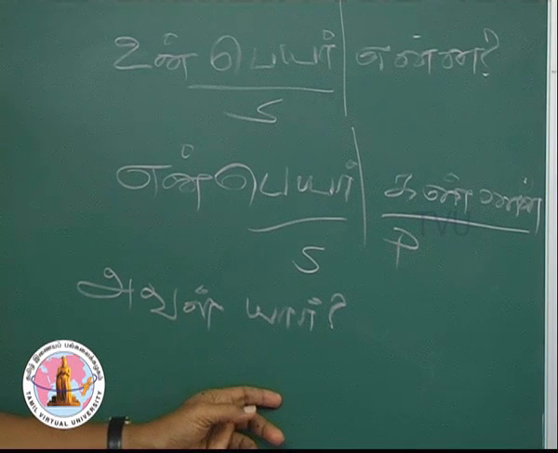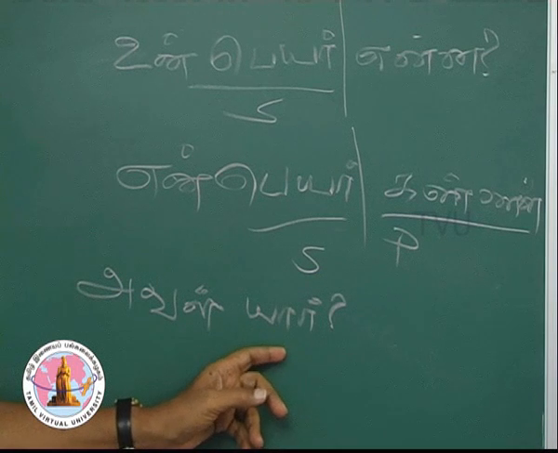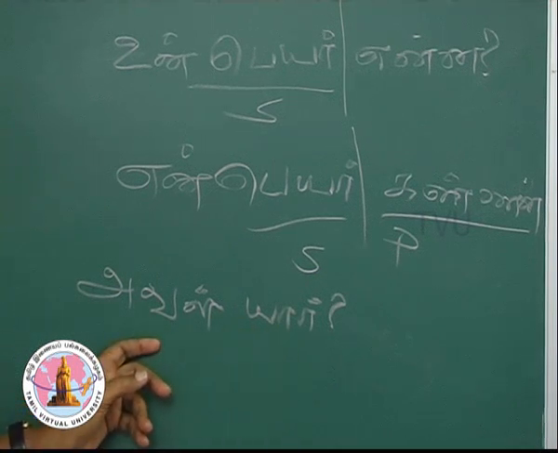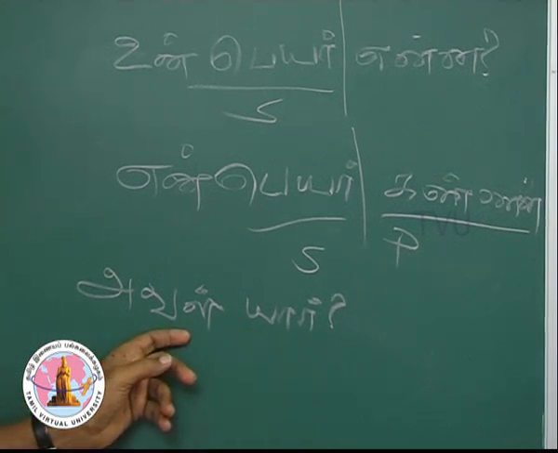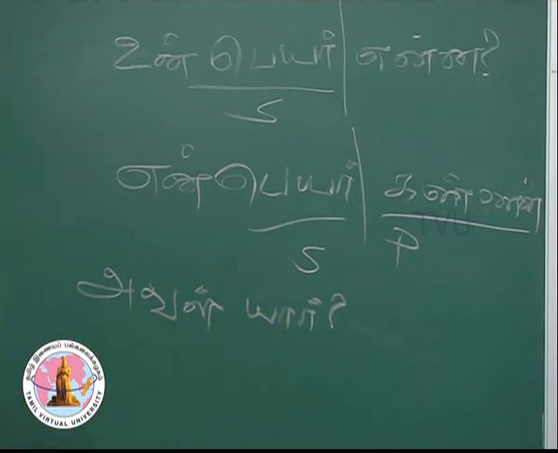அவள் யார்? யார் who? Who is she? அவள் is she. Yar is who? Who is she? Is the translation.